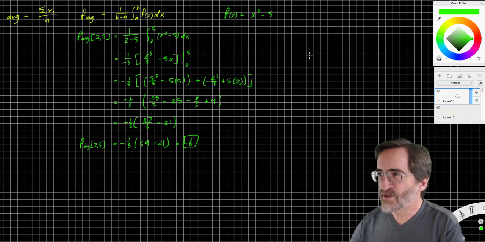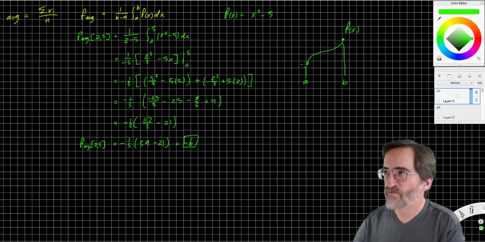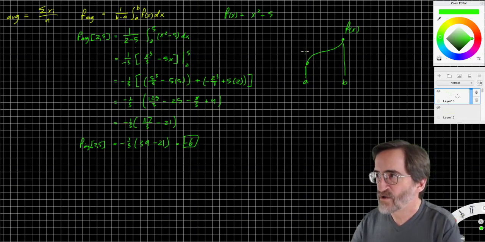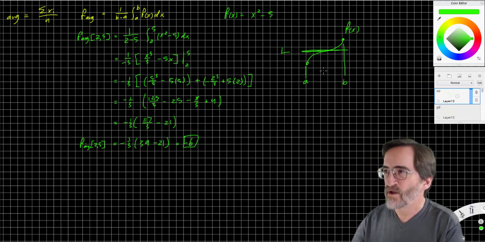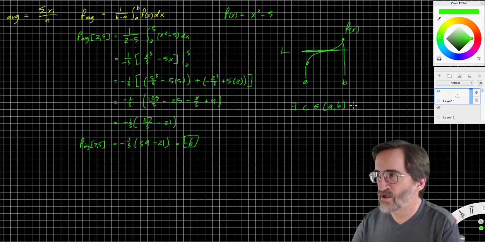It says that if you have some function f of x defined between a and b, and the average value is L, then there exists a C on [a, b], so a C between a and b, it's got to be in the domain between a and b, such that f of C equals L.